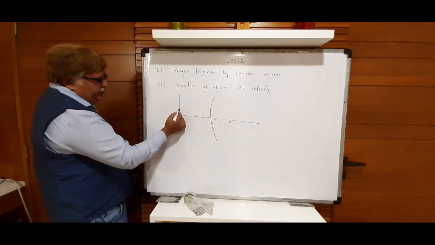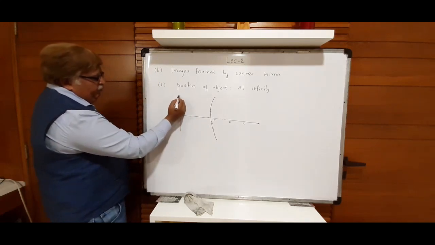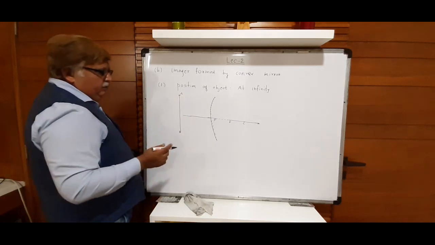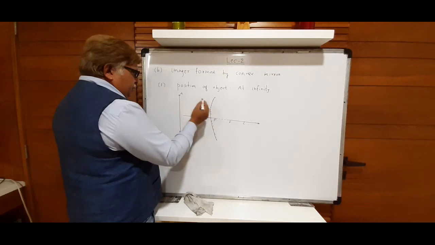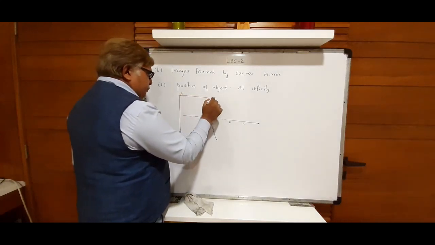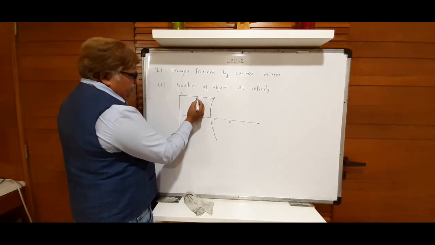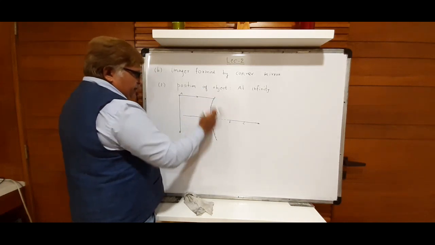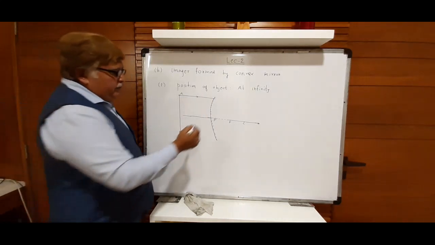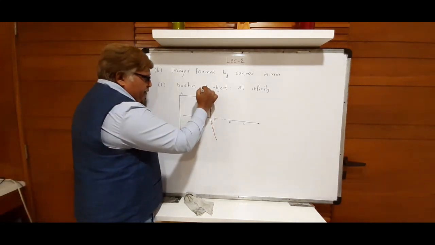Suppose I draw the object here at infinite distance. AB is the object. Now the first ray, as you know, is parallel. After it strikes the mirror, it will diverge, unlike in case of concave mirror.